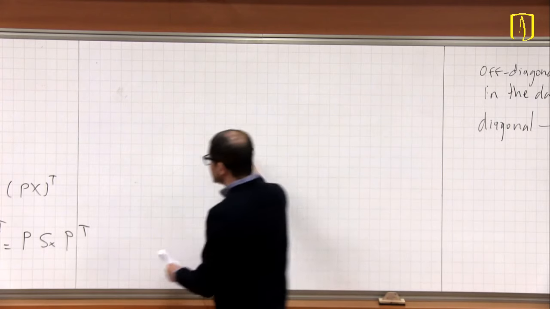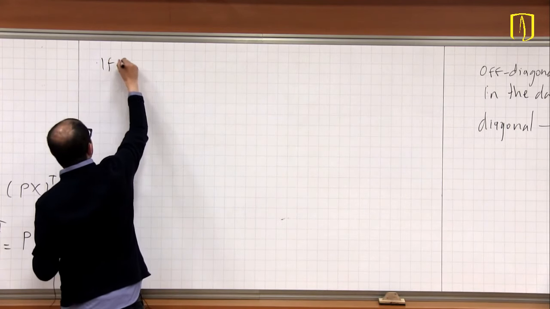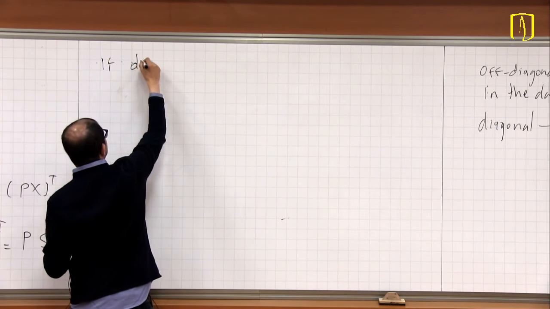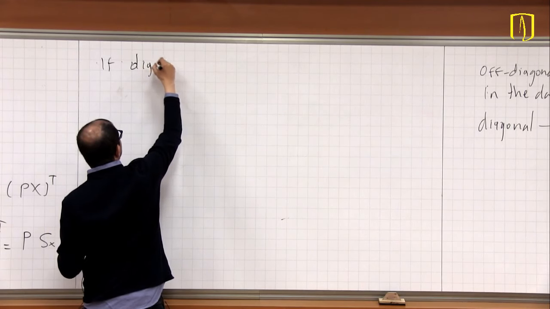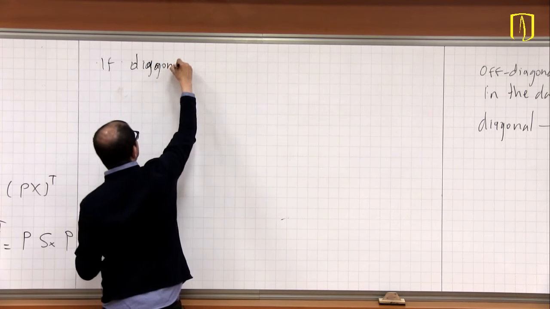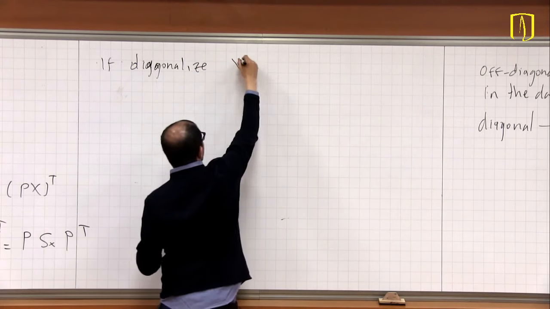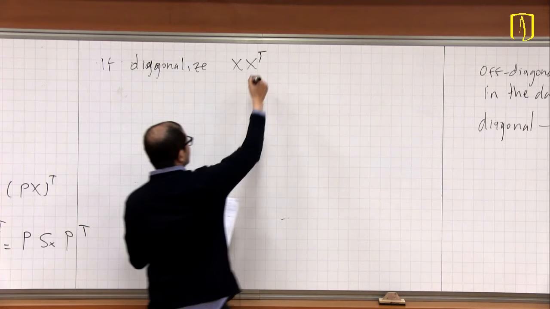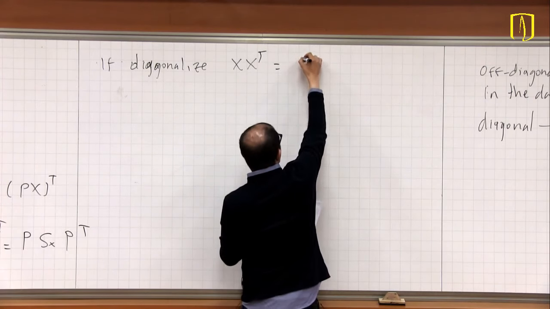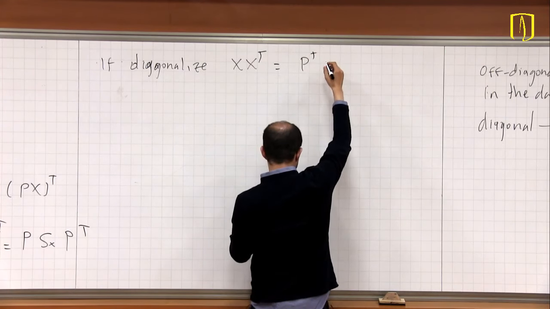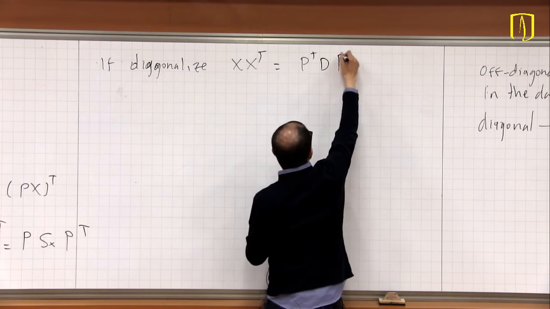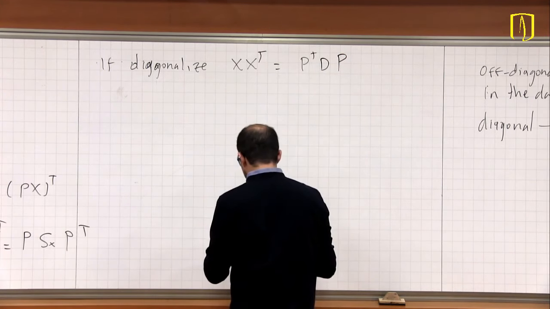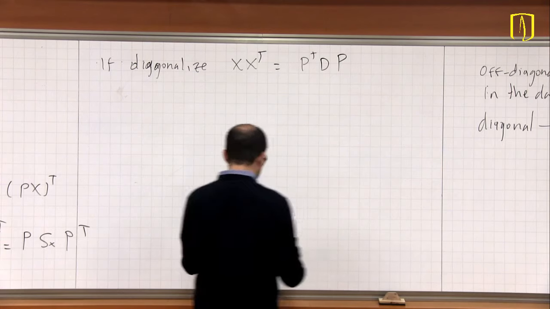So if we take x times x transpose, and we write it this way, P transpose D P, then I think we achieve what we want, right?